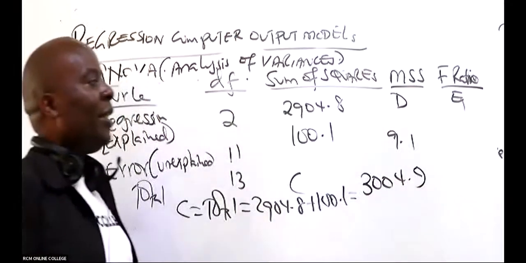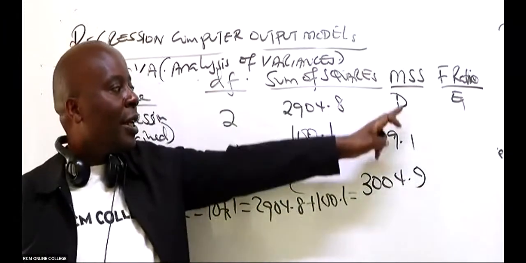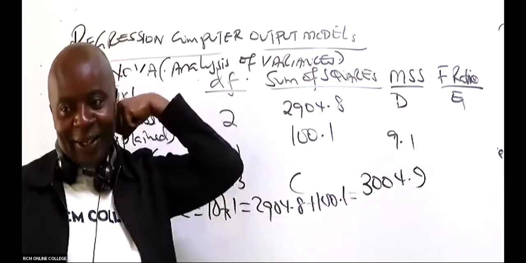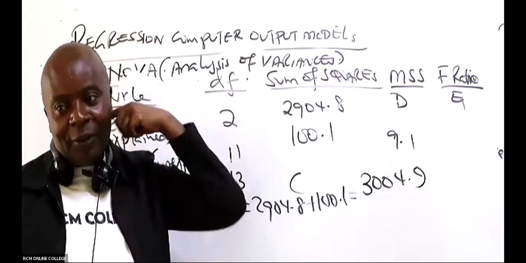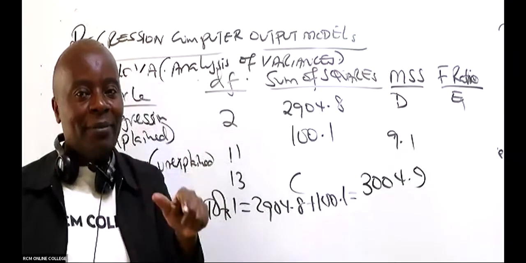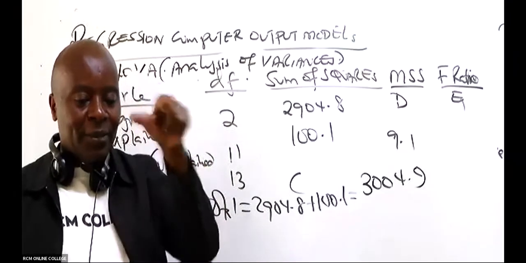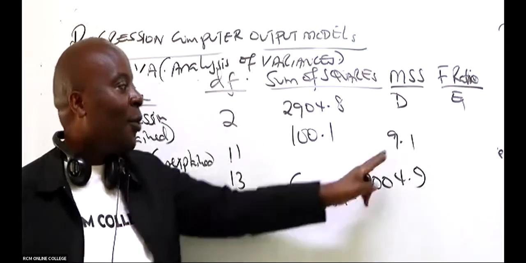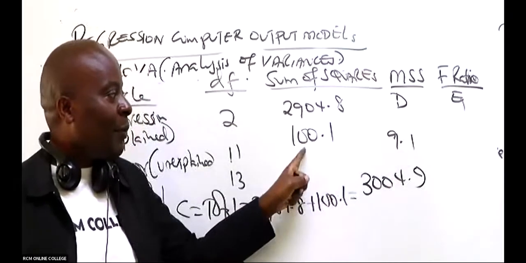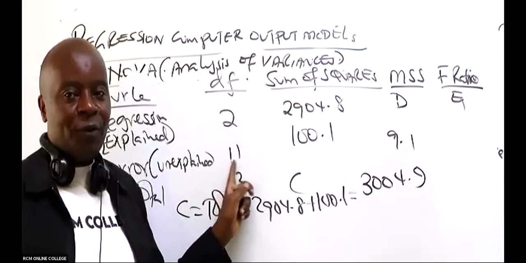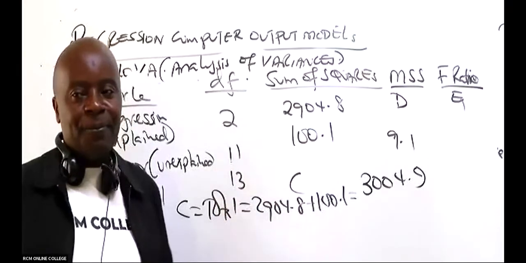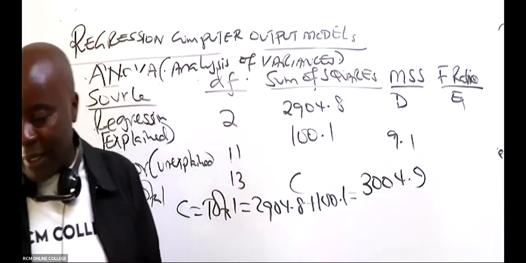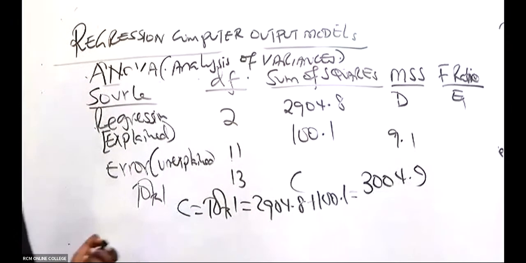Now look at D. Where we have D, we have a 9.1. That 9.1 can show me what these guys have done. After all, for a mean, I know there is something divided by something, isn't it? When I'm getting X bar, it is summation of X over N. So this 9.1 will be the sum of squares divided by degrees of freedom. Dividing 100.1 by 11 gives 9.1.